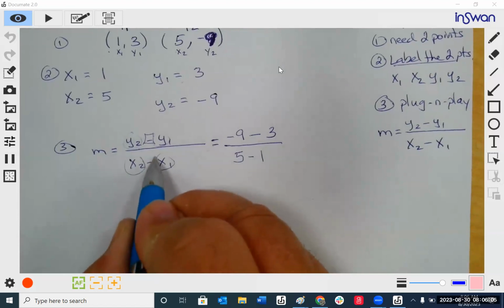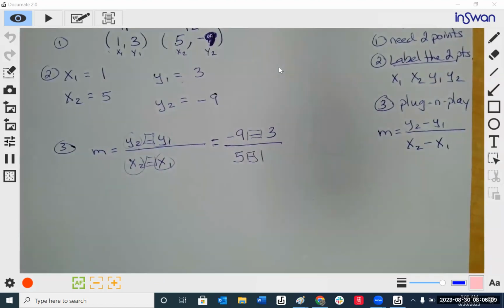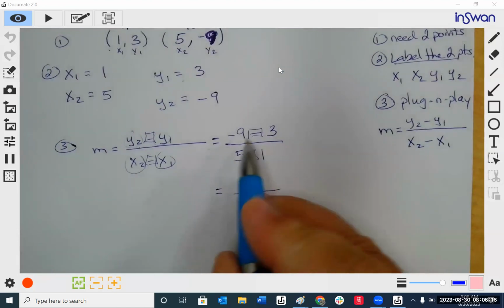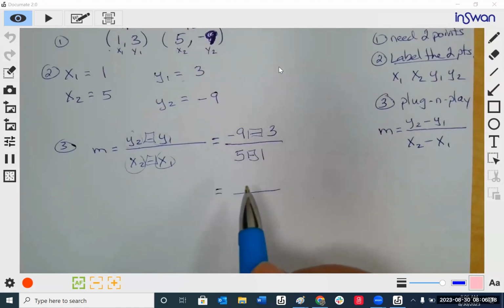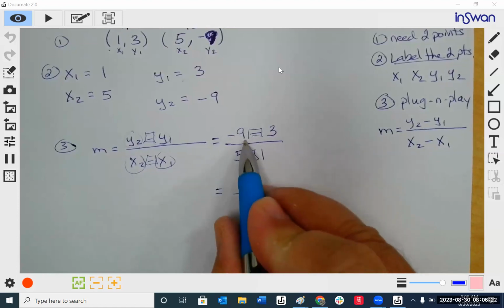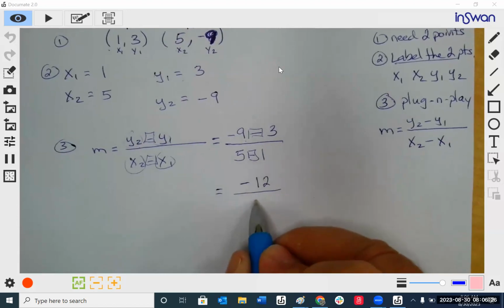Leave these symbols where they are. Now just work them out. -9 minus 3. They're both negatives, so it's negative. Add the two numbers. -12. 5 minus 1 is 4.